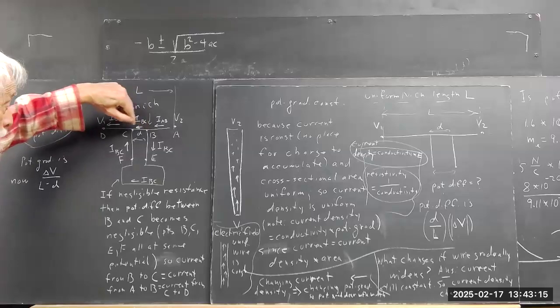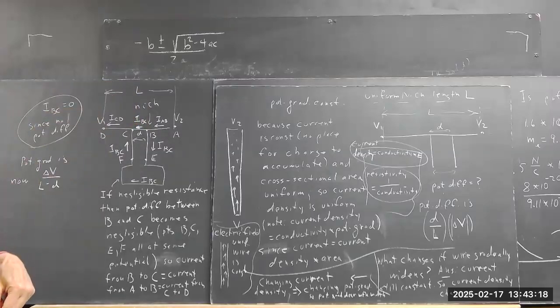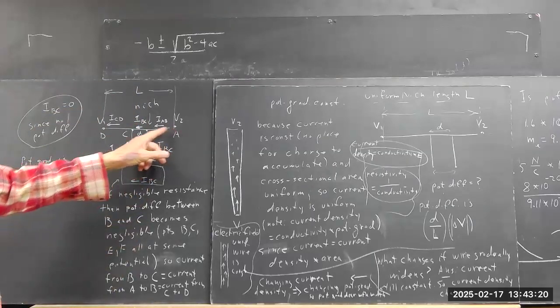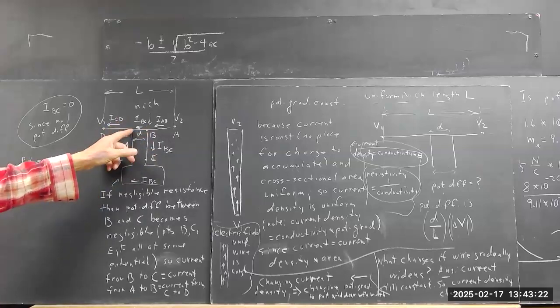You have no potential drop between here and here. So the total potential drop is between A and B, and then between C and D.